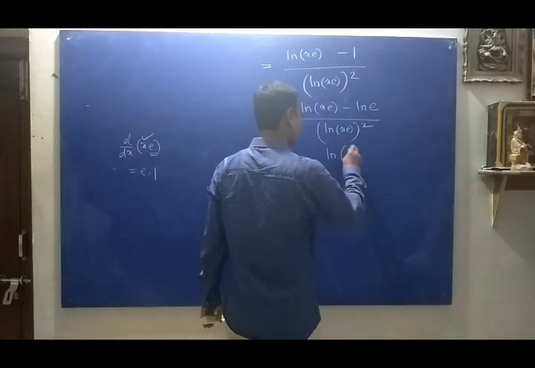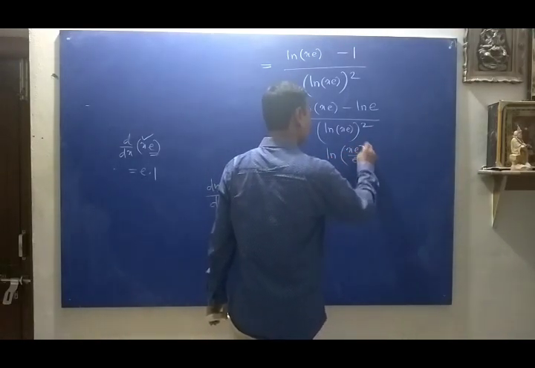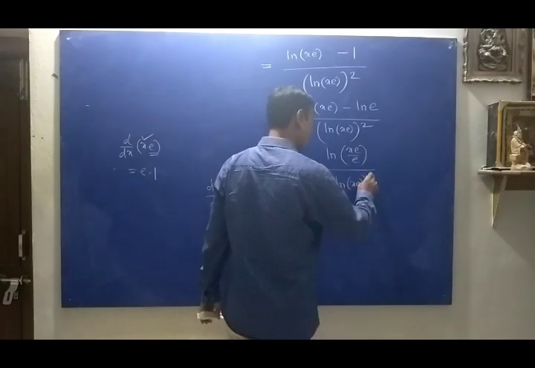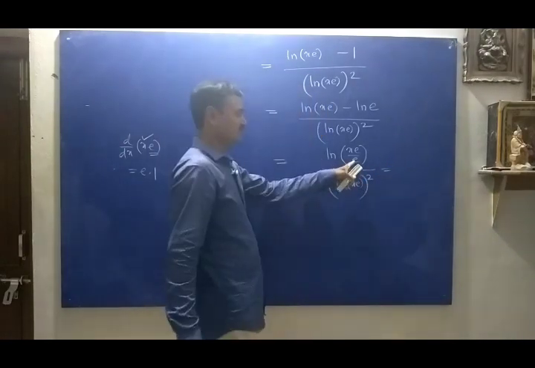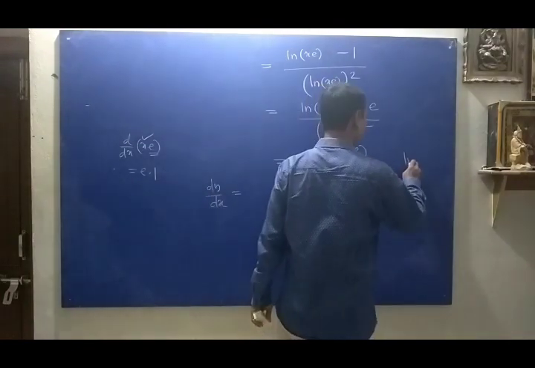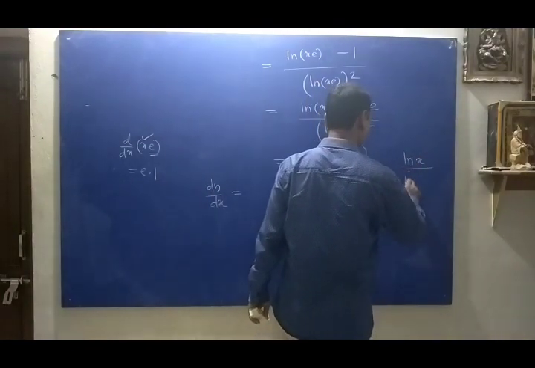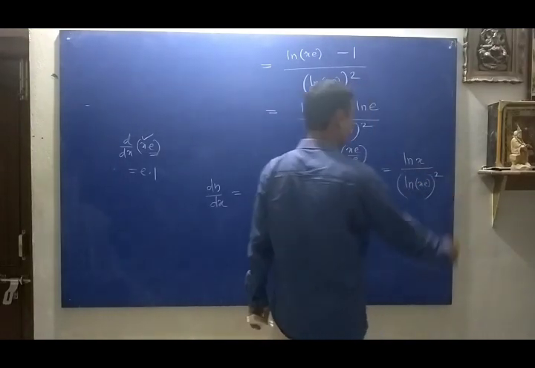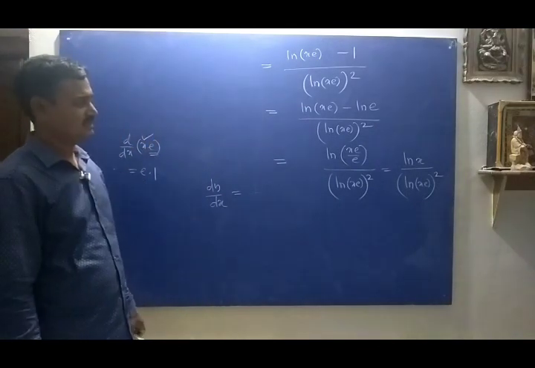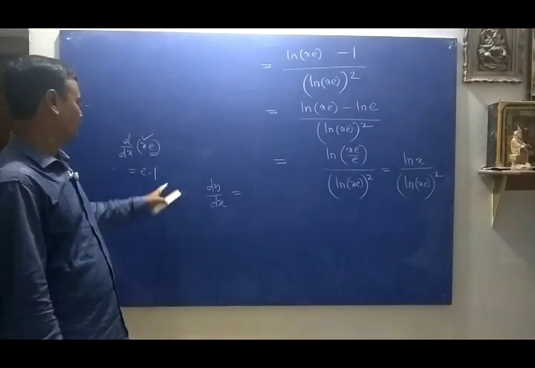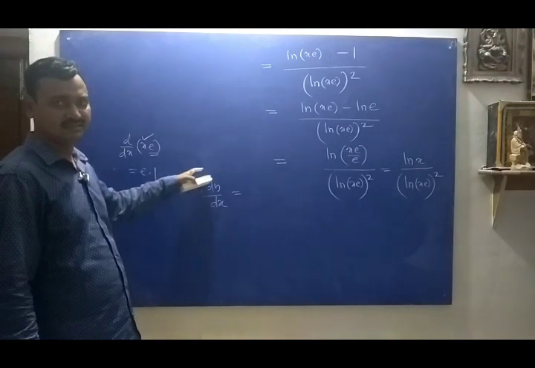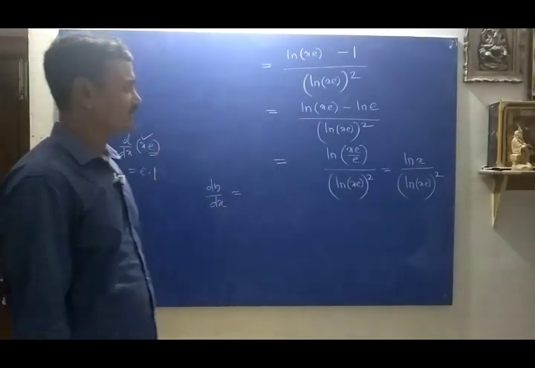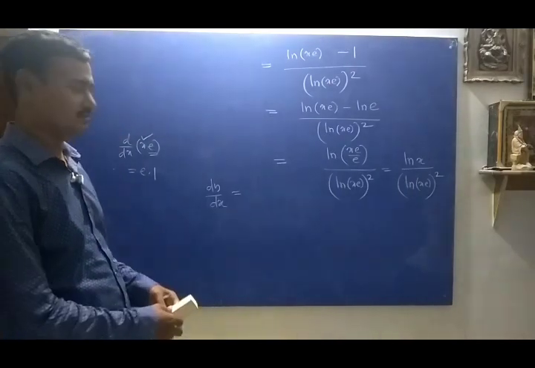So ln of x by ln of ex whole square. So dy by dx is equal to ln x by ln of ex whole square.